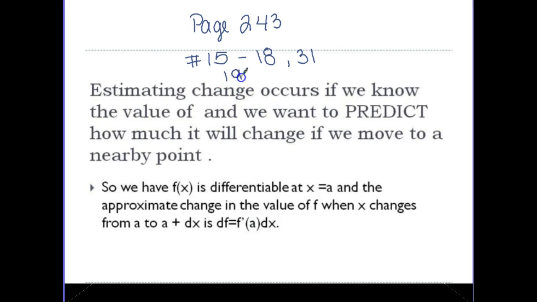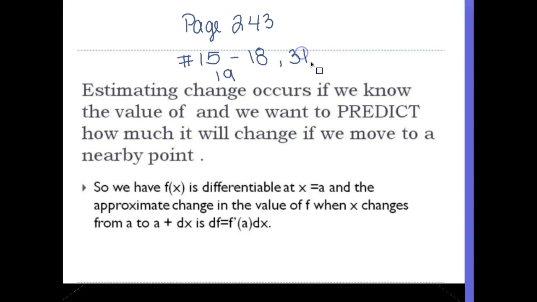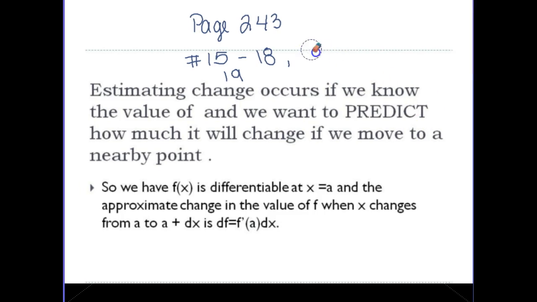And then 19 to 31 odds. I just got rid of 20, 22, 24, 26, and 28. And 30. It was 15 to 29, 25. Yeah. I added 20.